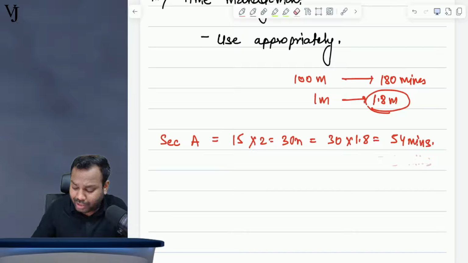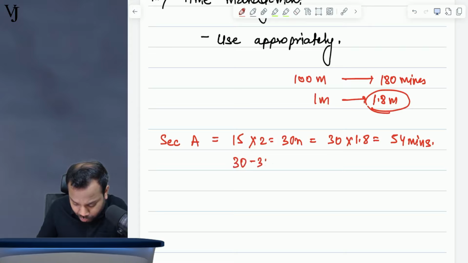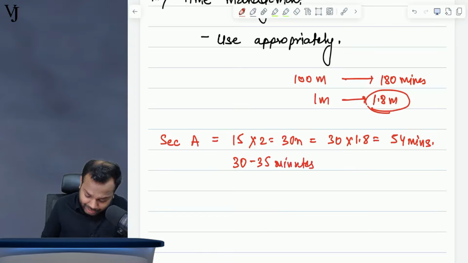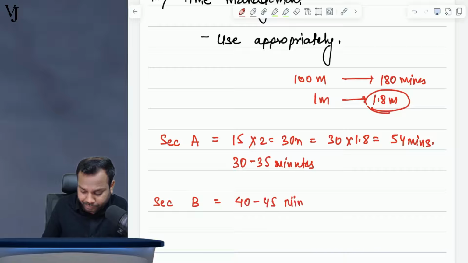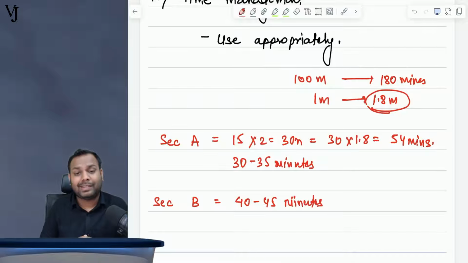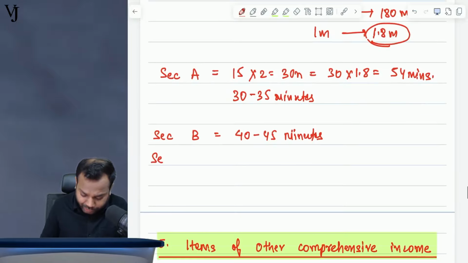So I will give you a range: for section A, you should spend 30 to 35 minutes. Don't spend more than that. In section B, spend max 40 to 45 minutes. And in section C, the rest of the time.